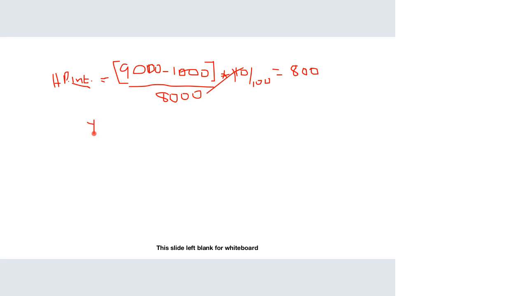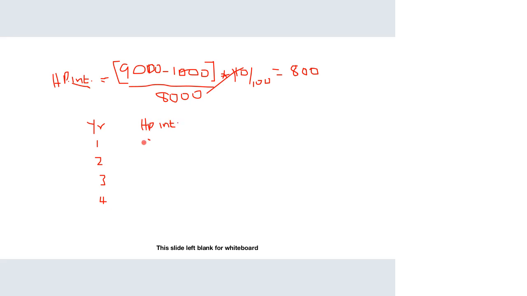Maybe we can have the year, and remember there are 4 years. 1, 2, 3, and then 4. We have already calculated the interest, so our next column we can have the hire purchase interest. And remember, the interest is the same in the straight line method.